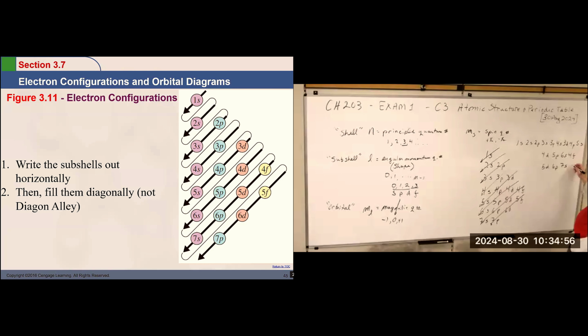I guess we need to keep going, don't we? 5f, 6d, and 7p. So you don't go 1, 2, 3, all 3s, and then all 4s, and then all 5s. Based on the quantum mechanical equations that solve these problems.